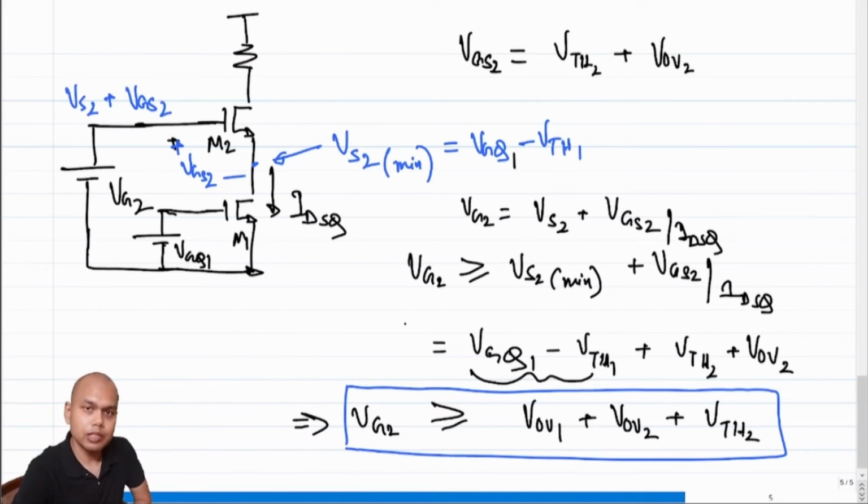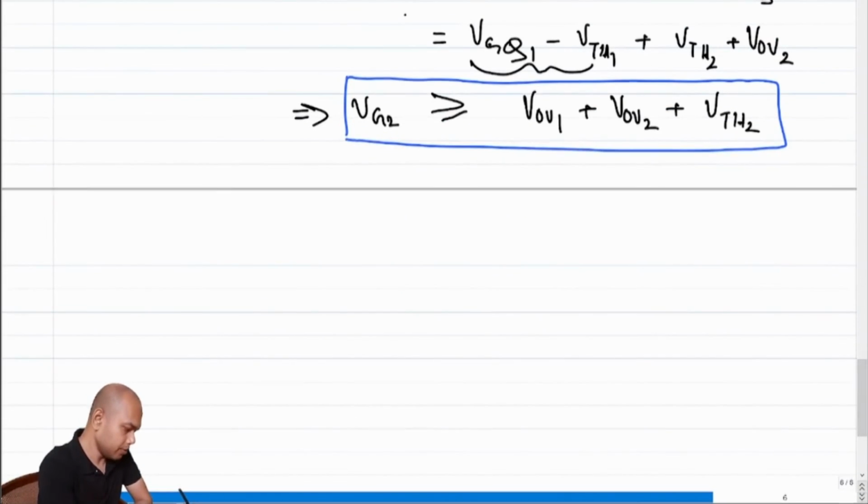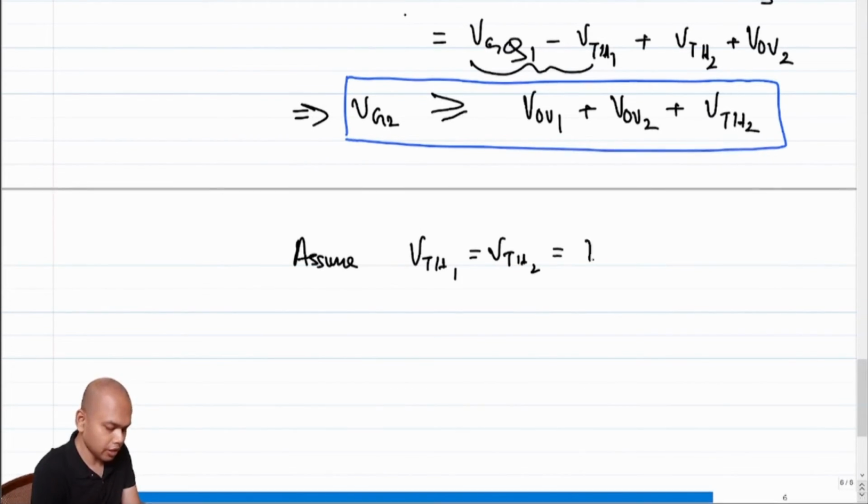Why do I say M1? The reason is, let's assume that VG2 is lower than this value. Let's assume after doing all the maths, we found that the threshold voltages of the first and second transistors are 1 volt.